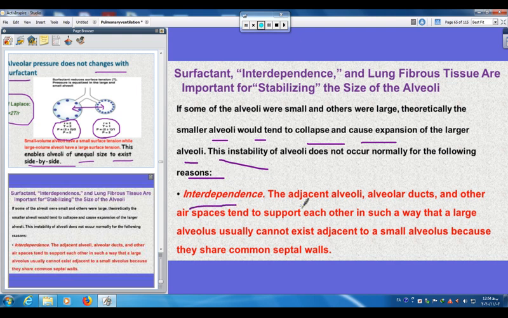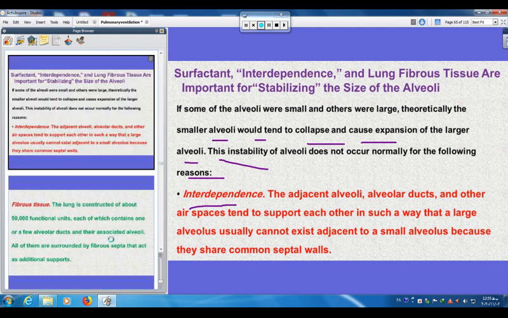Interdependence: the adjacent alveoli, alveolar ducts, and other air spaces tend to support each other in such a way that a large alveolus usually cannot exist adjacent to a small alveolus because they share a common septal wall.